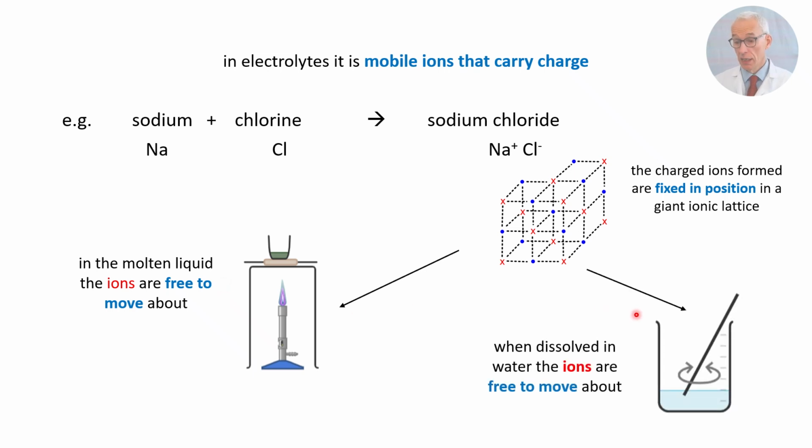Similarly, we can free the ions to form mobile ions by dissolving in water. So ionic compounds, electrolytes, when molten or dissolved, conduct electricity, but not as a solid. Only in a solution or in the molten liquid are the ions free to move.